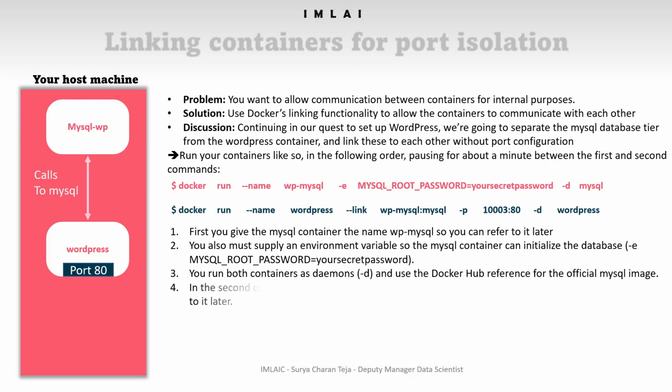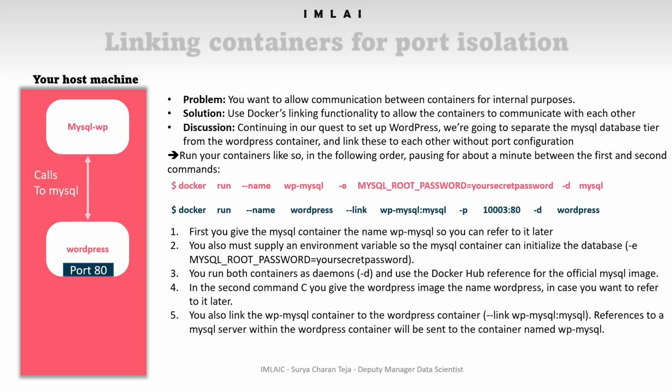So in the second command we have run it, then we have linked this database container with the WordPress container using the link option. Then that is a reference to a MySQL server within the WordPress container. So whenever WordPress calls, it goes to the MySQL database and then it will respond.